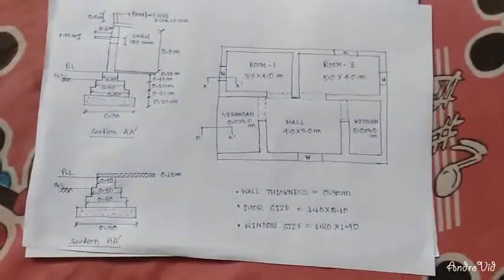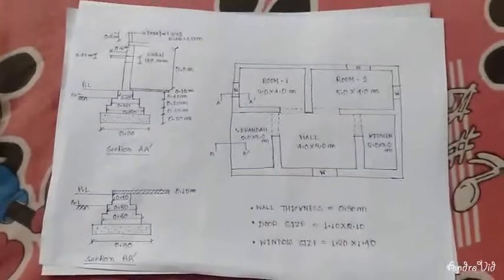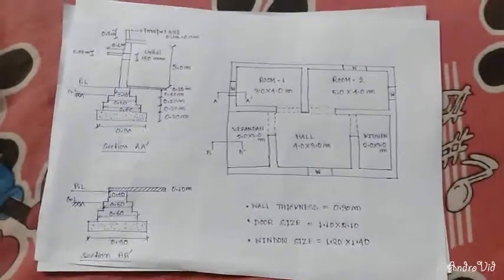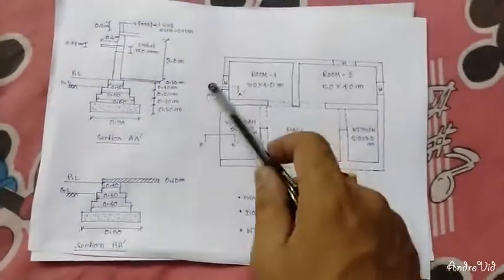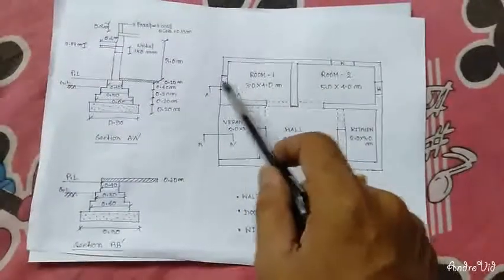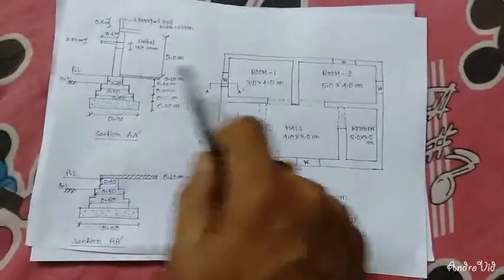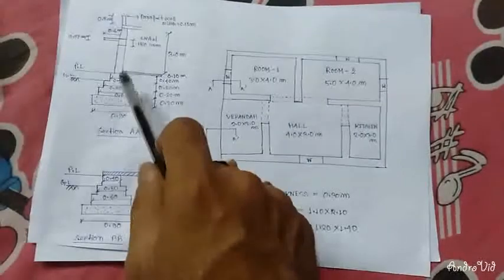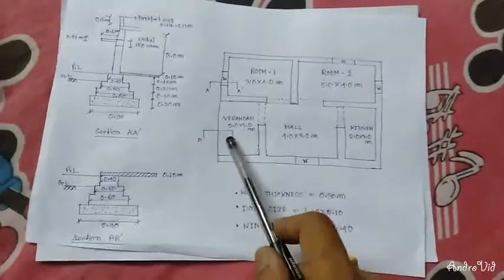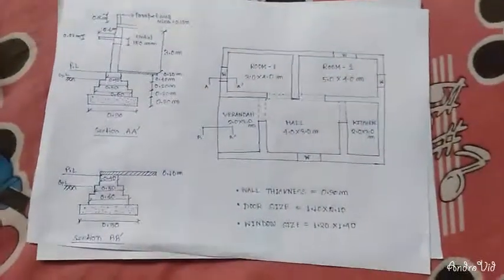And in our drawing we have sections also. The 2 sections are given here: section AA1 for this side, and for this one the section BB1.